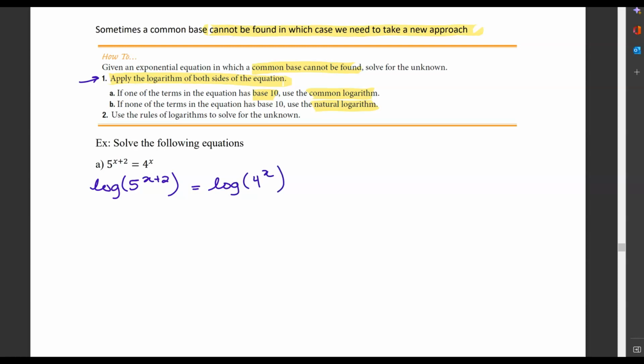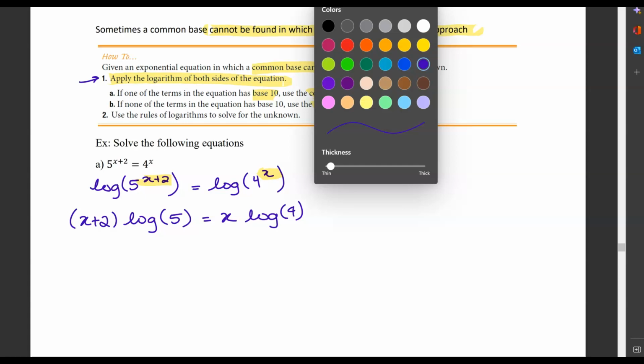So now we can use the power rule to bring these powers to the front. So we're going to end up with (x + 2) times log base 5 is equal to x times log base 4. Okay. So now let's go ahead and distribute here.